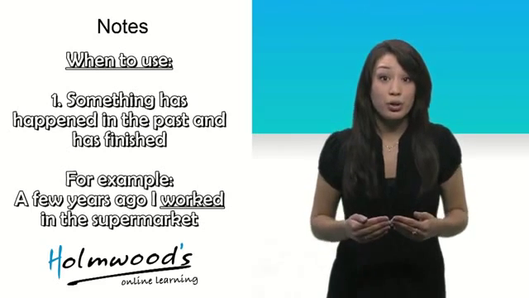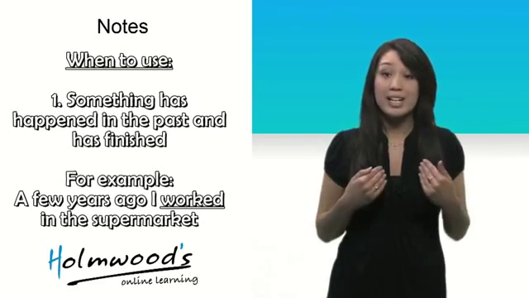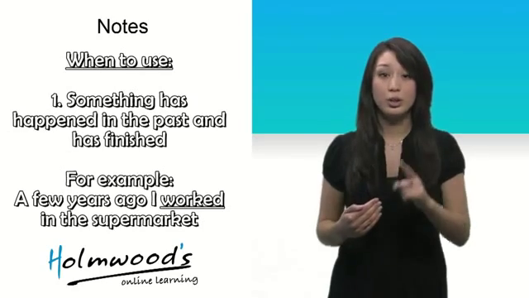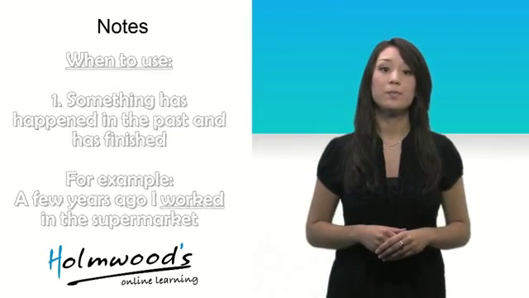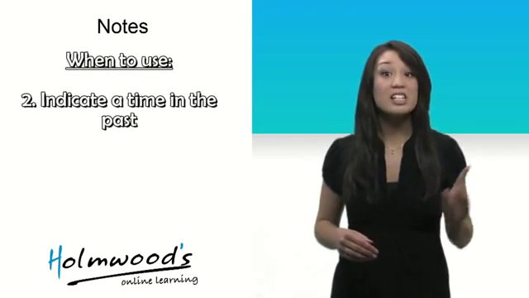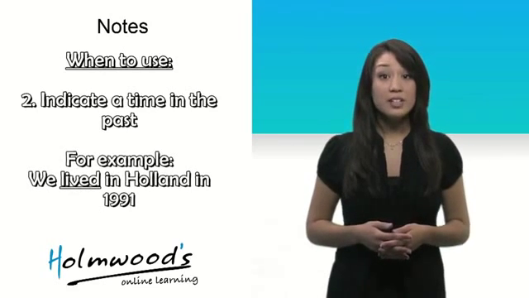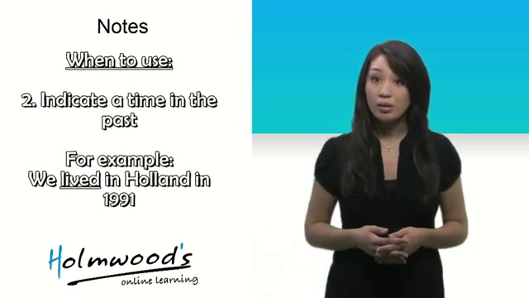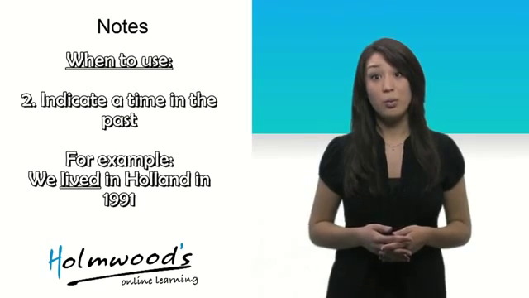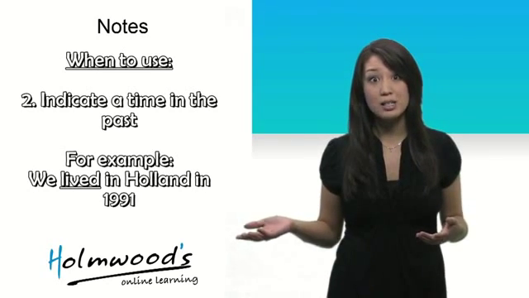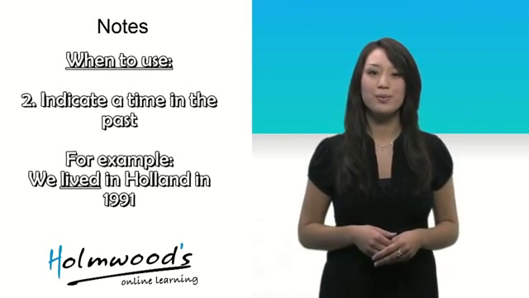I used to work there in the past, but I don't anymore. Use past simple. Also, use past simple when you indicate a time that is in the past. For example, we lived in Holland in 1991. 1991 is a time in the past. Use past simple.